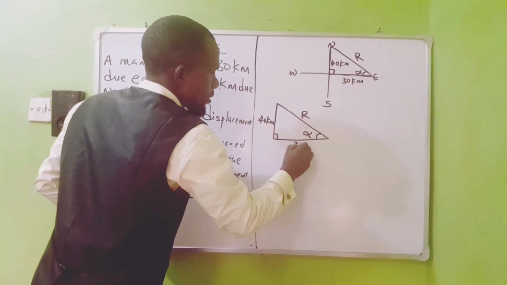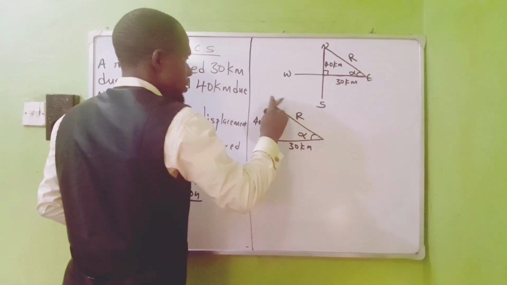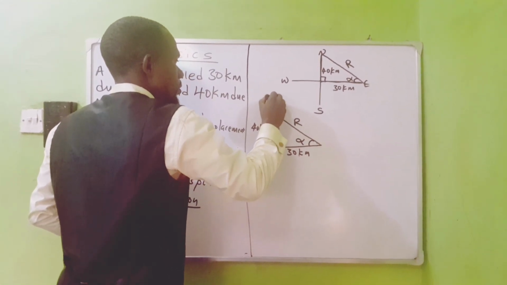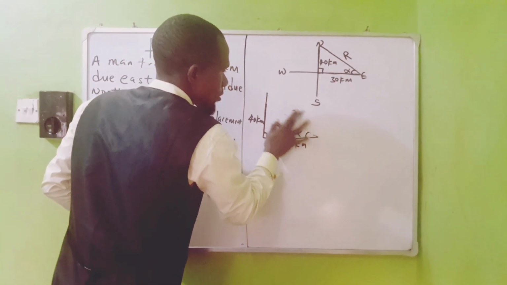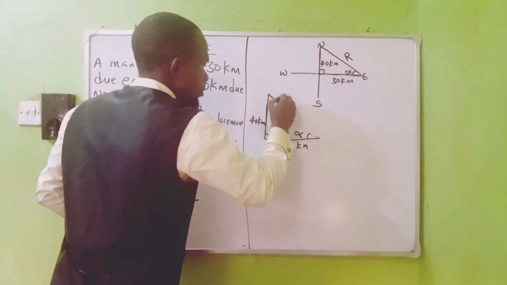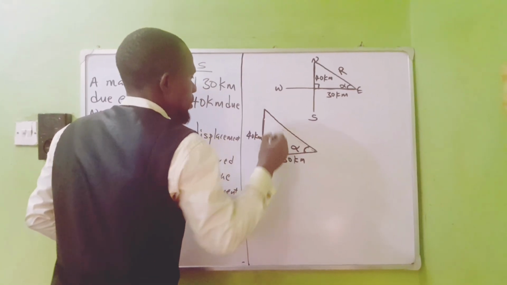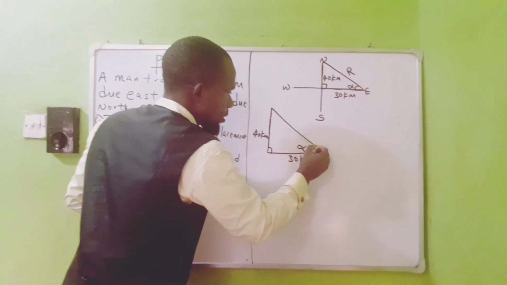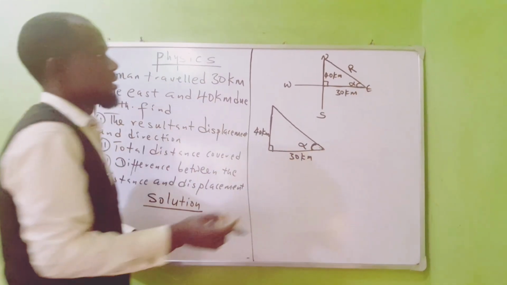This is my 30 kilometers. Let me extend it because 40 will be greater than 30. So here is my 40 kilometers, and here is my 30 kilometers. So this diagram is being drafted out from this.